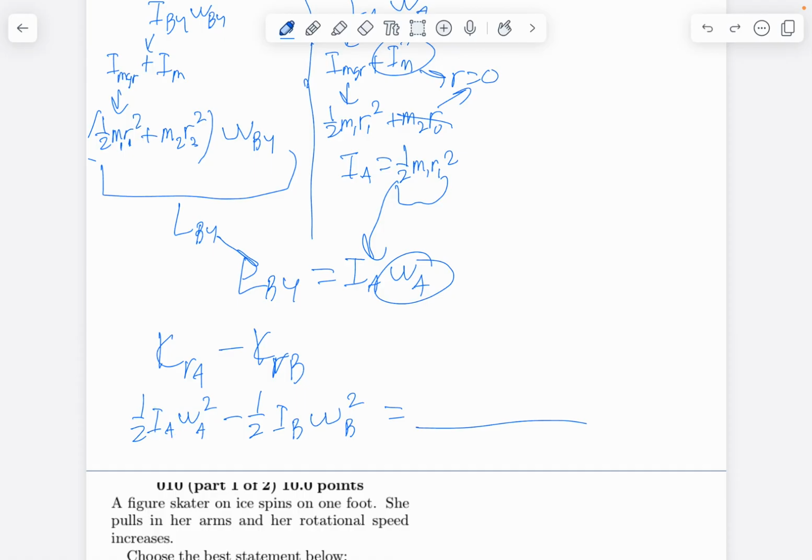You know everything. We just solved for I after. You solved for omega after, you know I before, you know omega before, so then just put it into your calculator and you can solve for the change.